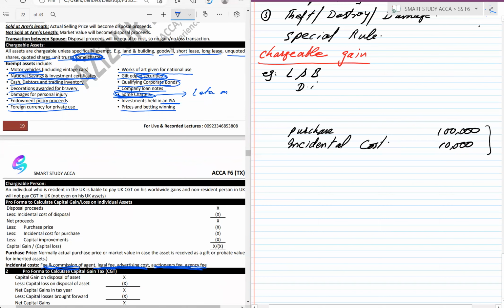Later on, after a few years, we have sold the property for 190,000 pounds. There may be extra costs at the time of the sale. Maybe we will have to pay commission to the property agent at the time of purchase as well as at the time of the sale. So there will be a few incidental costs at the time of sale of the property. Suppose these are 20,000 pounds.